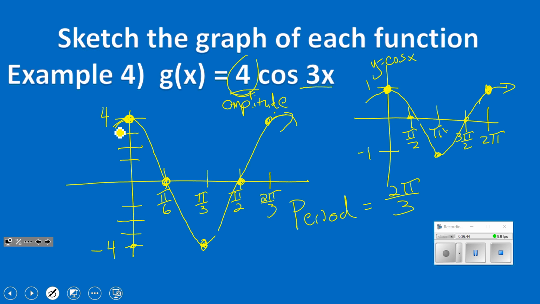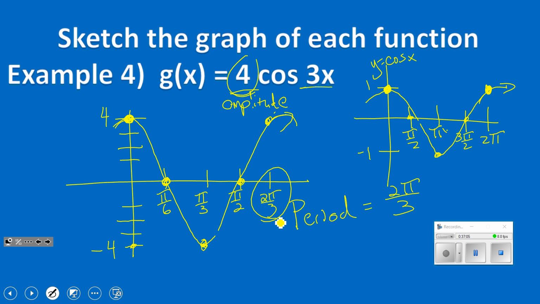Do you understand why I counted by 30 degrees? I looked at my period, like what if my period comes out to be, I don't know, 4 pi? What might you count by? How much is 4 pi?